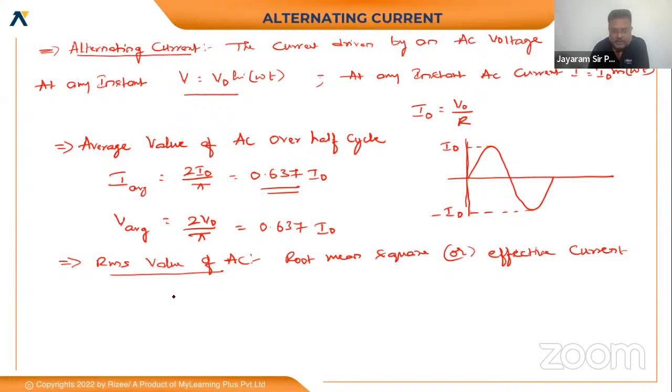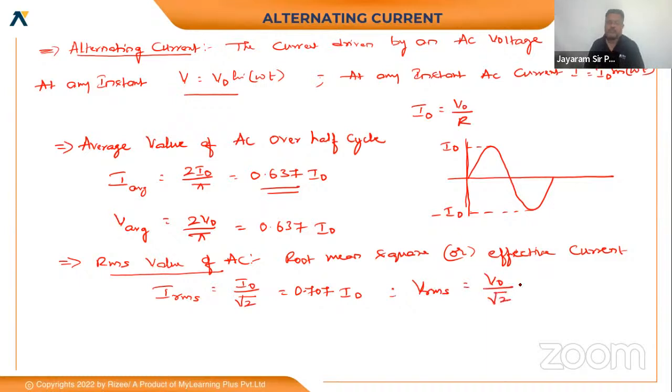I RMS can be written as I naught by root 2, and 1 by root 2 is 0.707 times I naught. Similarly, V RMS equals V naught by root 2, which is also 0.707 times V naught.